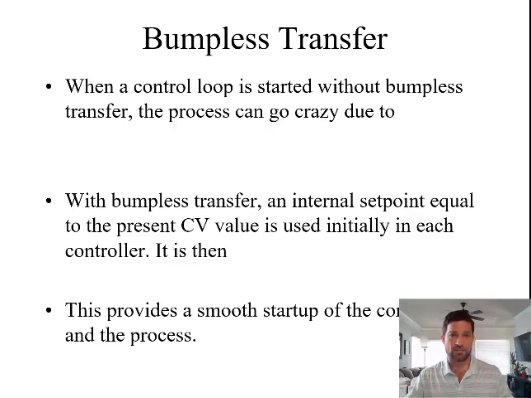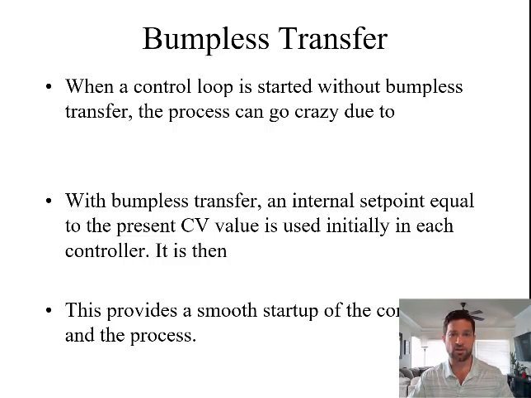Okay, so we're going to switch gears a little bit to what's called Bumpless Transfer. Bumpless Transfer is essentially something that you can do to avoid having step changes in your set point. It's effectively a ramp change in your set point that the controller incorporates automatically when the user applies set point changes.